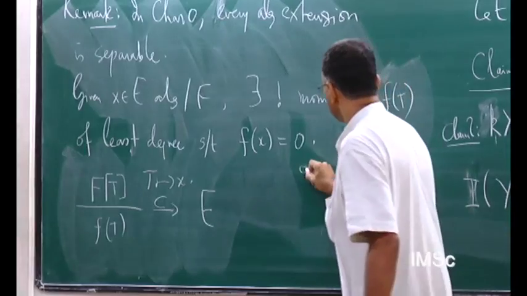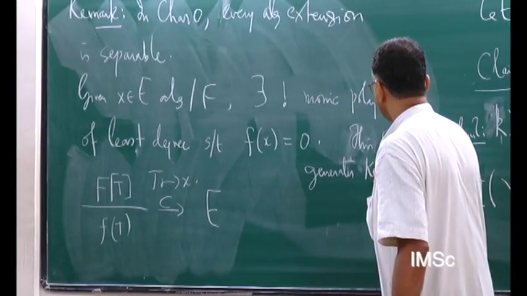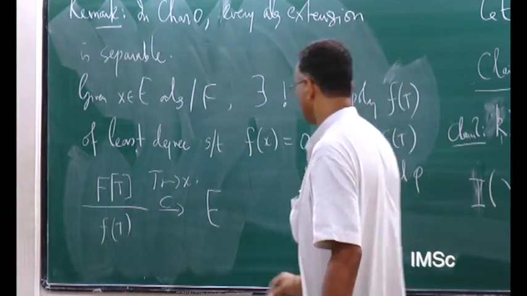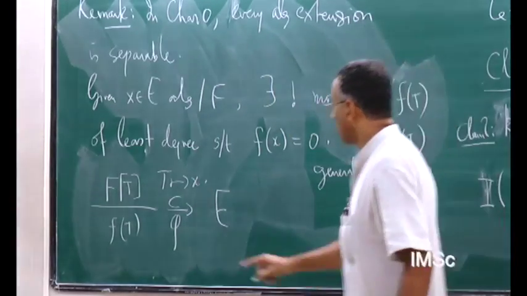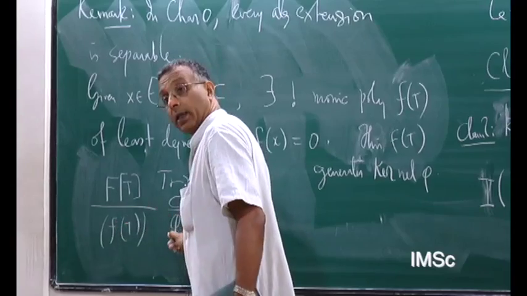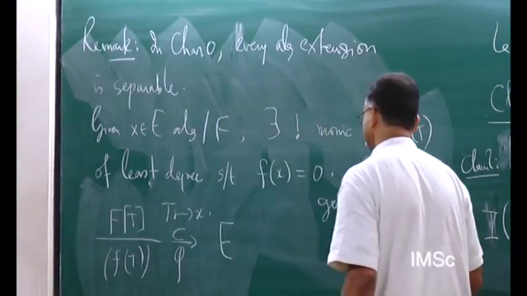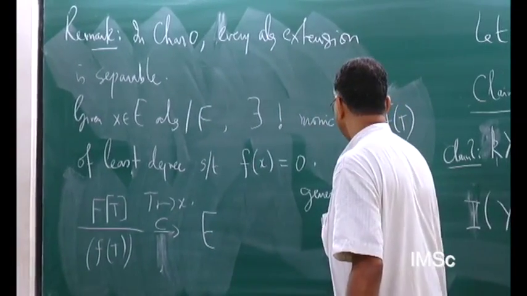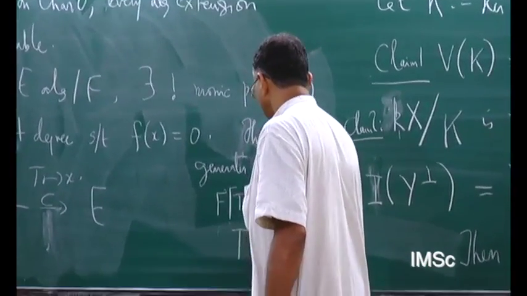generates the kernel of phi, where phi is this map from F[t] to E with t going to x.